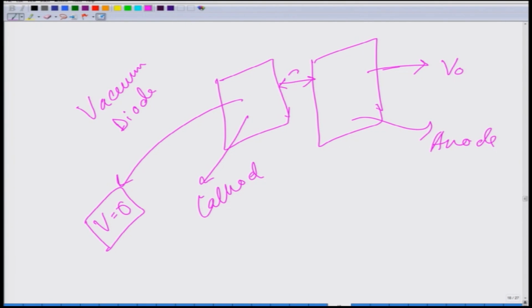The separation between the two is D. Electrons come out of the cathode and move towards the anode because it is kept at a positive potential. So, we get a cloud of space charge over here. This is space charge.